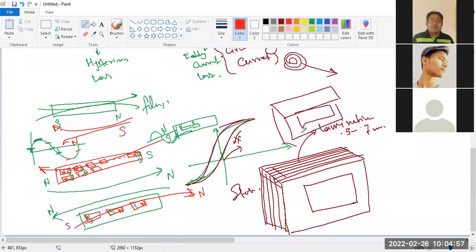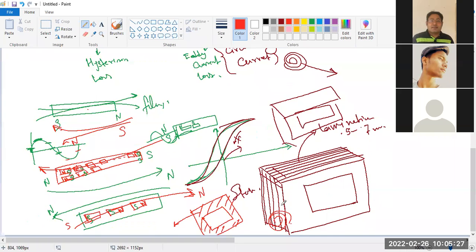Say in this portion an eddy current occurs. The eddy current is circulating over here. So we have to reduce this eddy current. So we make this lamination with a varnishing material, meaning insulating varnish. Each is attached to the other, but they are not connected electrically.